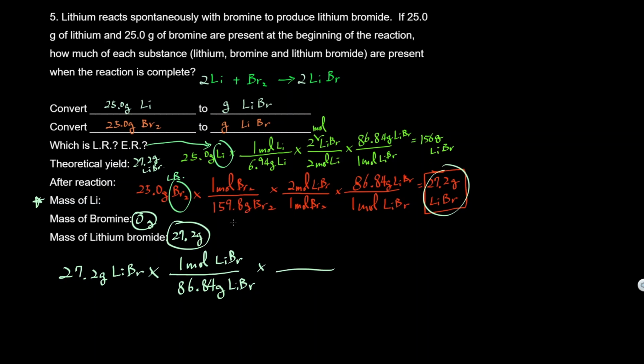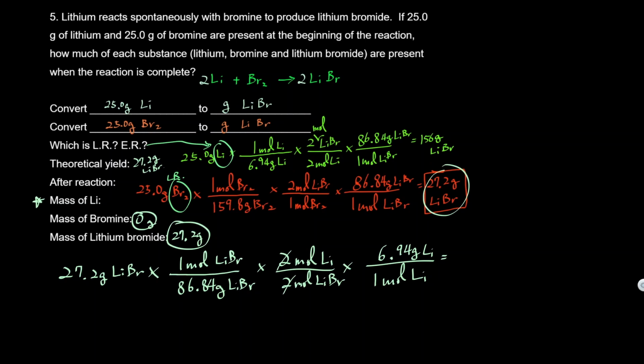And then we have to go all the way back to lithium. So 2 moles of lithium bromide is 2 moles of lithium. And then 1 mole of lithium has a molar mass of 6.94 grams of lithium. Again, these two will cancel each other out.